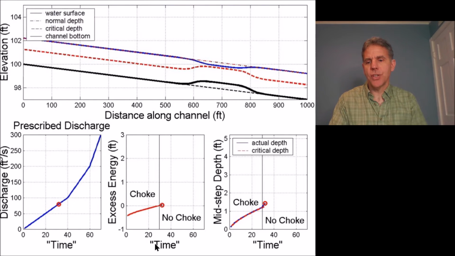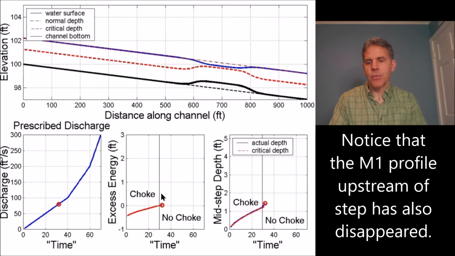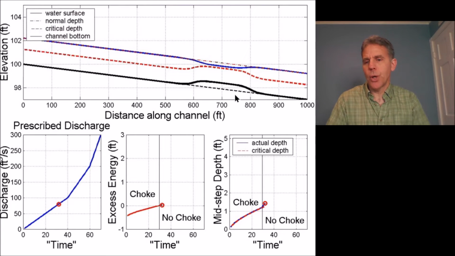The choke has just disappeared. I've drawn a vertical line where the choke has disappeared, and you can see that now the conditions over the step look very similar to my other animation of flow over a step, and you can see that the hydraulic jump has disappeared. We no longer have a choke.